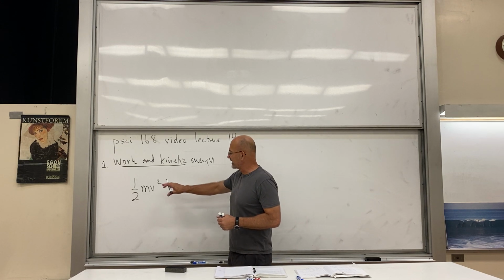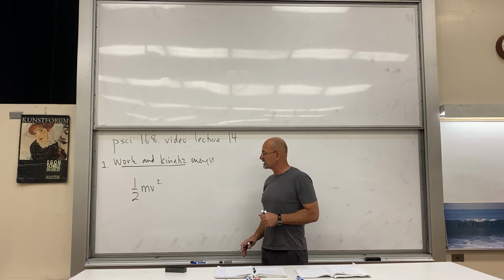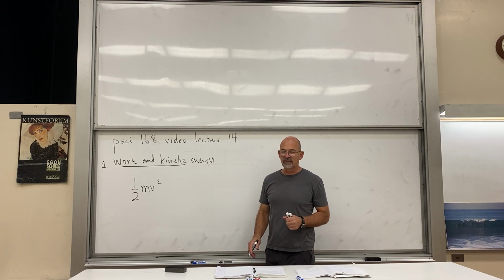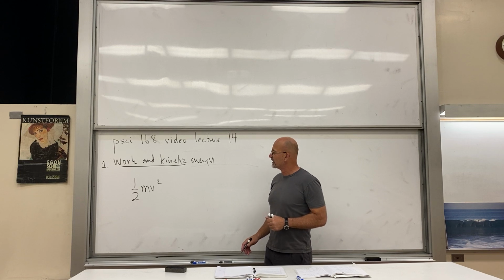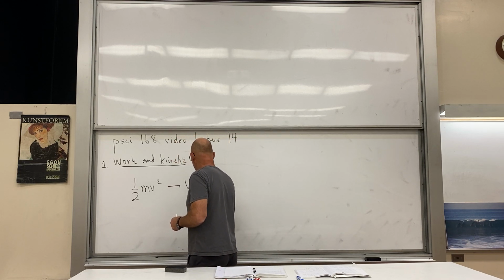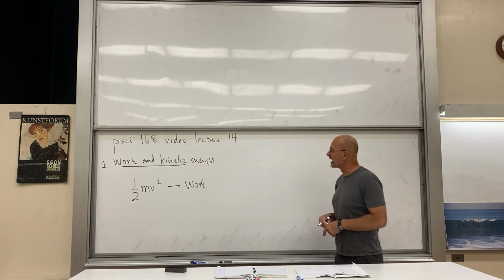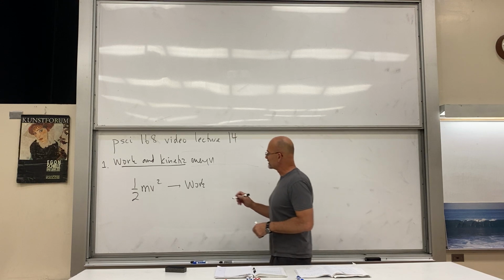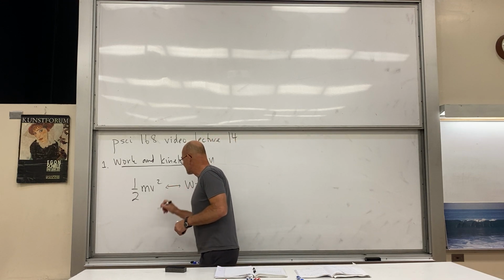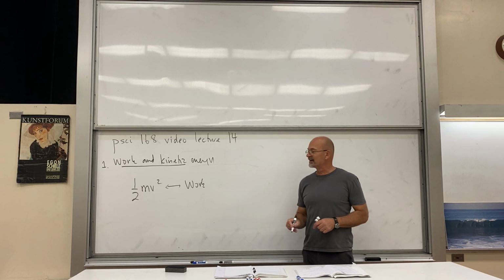If you have the kinetic energy of an incoming meteor, and it's large enough, you can dig a pretty big hole in the ground. So kinetic energy can end up doing work. And we're going to pursue that. And actually we can draw the arrow the other way. You do some work first, and then you can get some kinetic energy out of it.